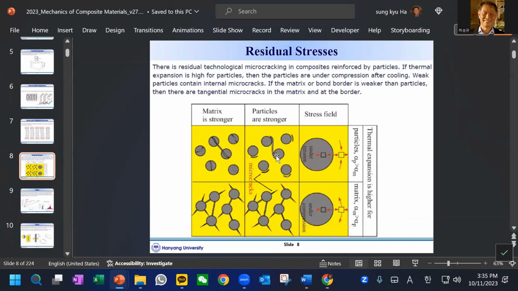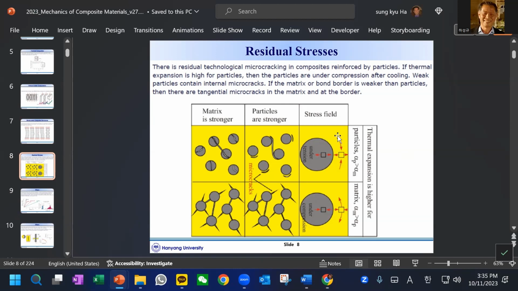And the residual stress can be generated between the fiber and resin system because the thermal curing process in resin is quite different from fiber.